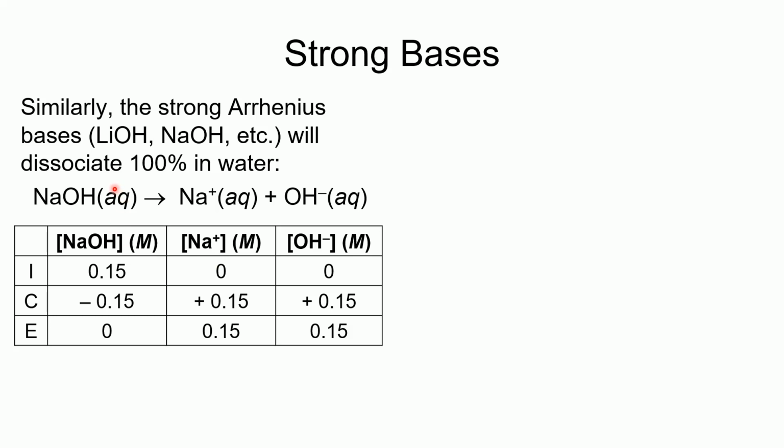You notice I didn't even put water in here. Concentration of sodium is going to go from 0 up to 0.15. That doesn't really matter because the sodium doesn't affect the pH. But the hydroxide goes from 0 up to 0.15. So that means our concentration of hydroxide would be equal to 0.15. So our concentration of hydroxide at equilibrium is whatever the initial concentration of our strong base is.